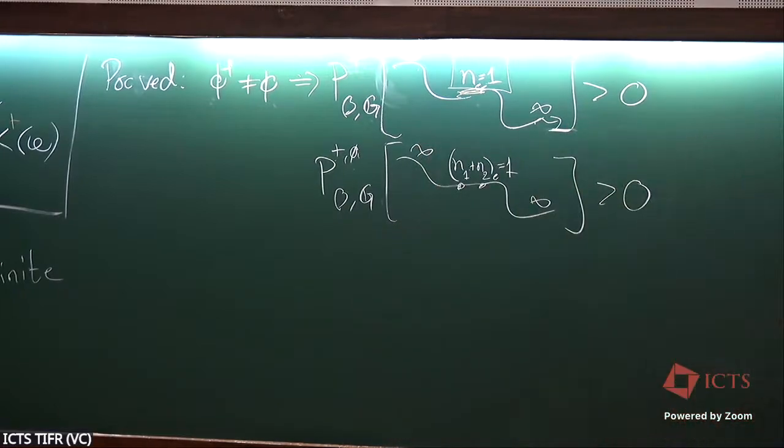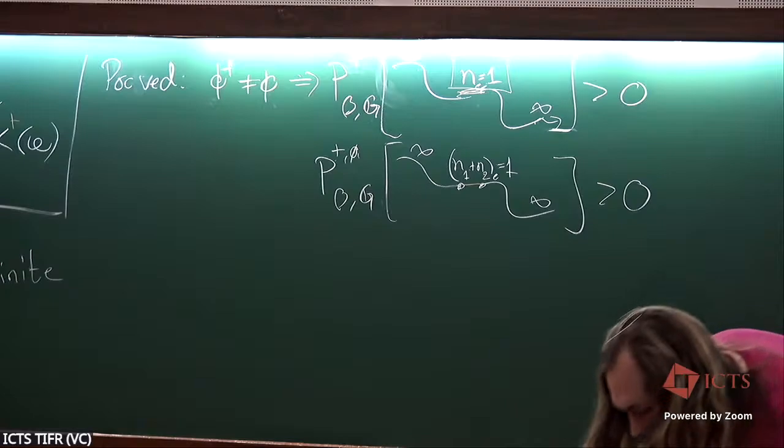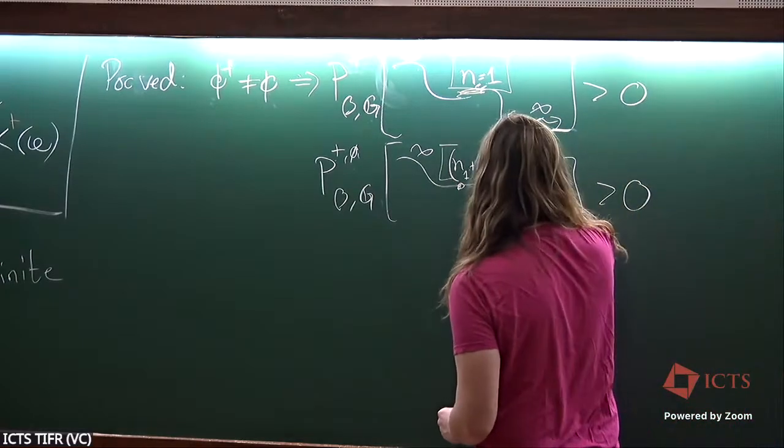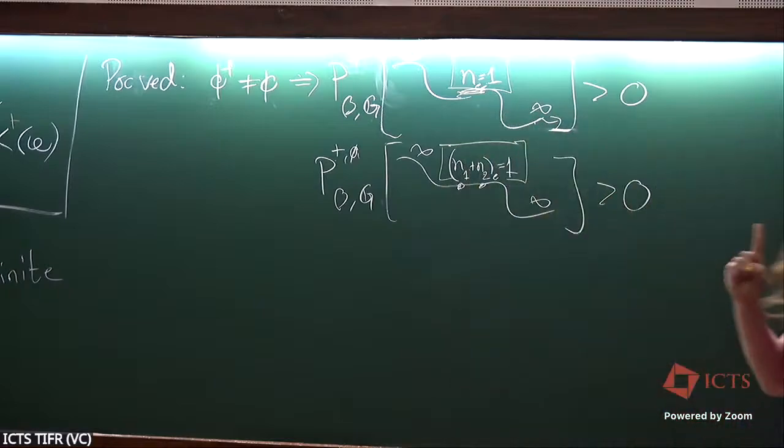So you take two independent currents, one is the wired measure and one is the free measure, and you actually get the same conclusion for the sum of the sources. And this is not for free.